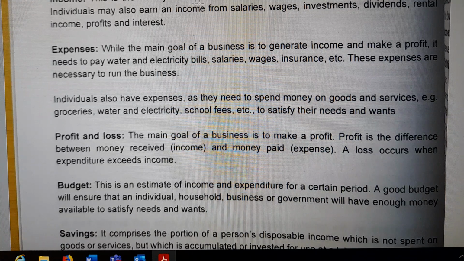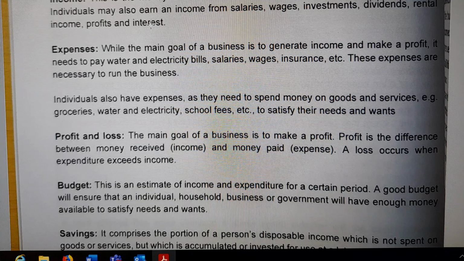Individuals may also earn an income from salaries, wages, investment, dividends, rental income, profits, and interest. These are different ways in which people can get an income.